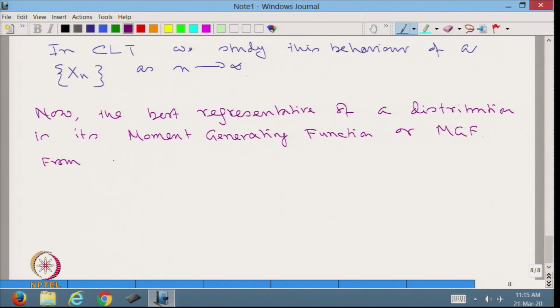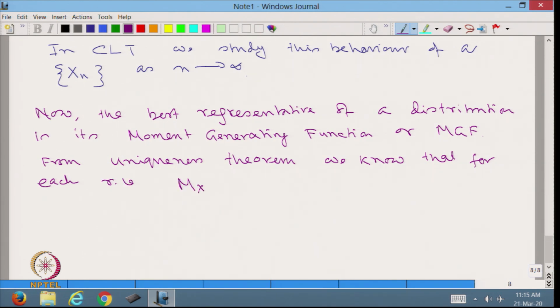From the uniqueness theorem, we know that for each random variable X, M_X(t), that is the moment generating function of X at t, is unique if it exists.